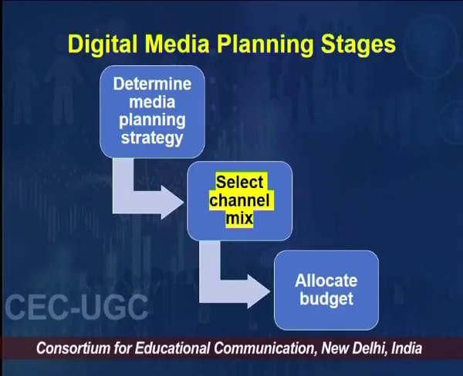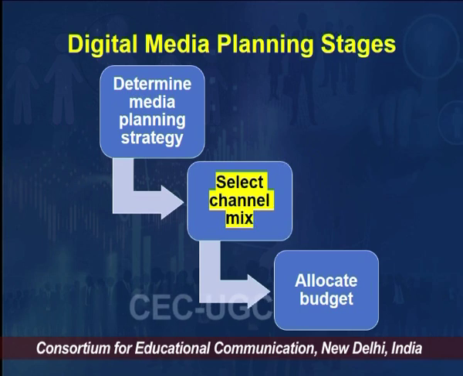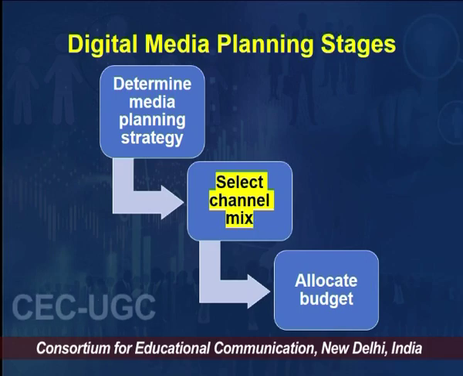Coming to the second stage of digital media planning, which is selecting the channel mix. After having the strategy in place for our 4 core groups, that is customers, affiliates, channels, and the parties that we have seen just now, we would also be looking at the mix.